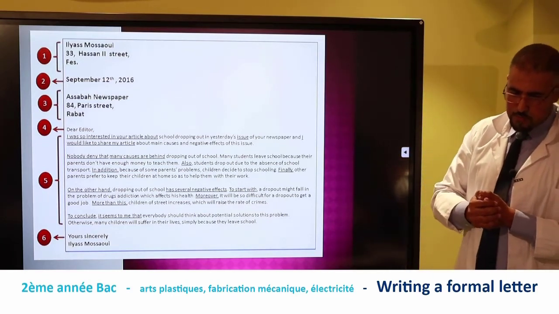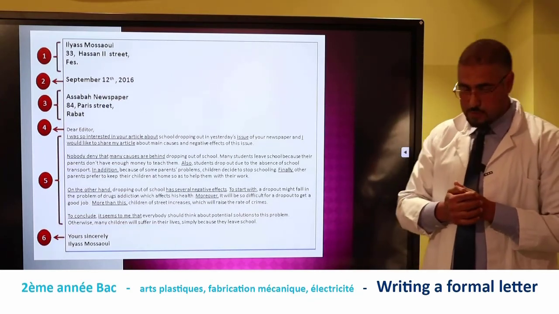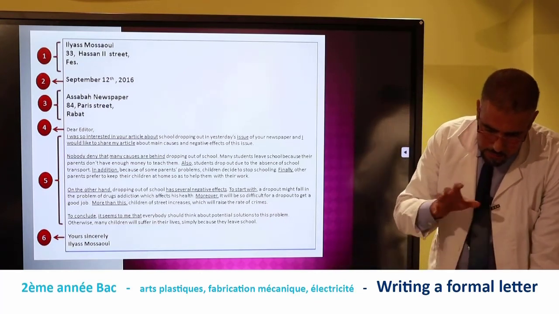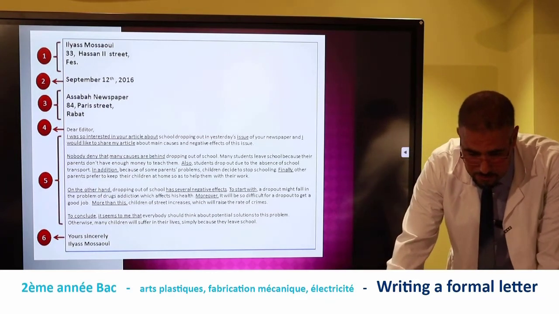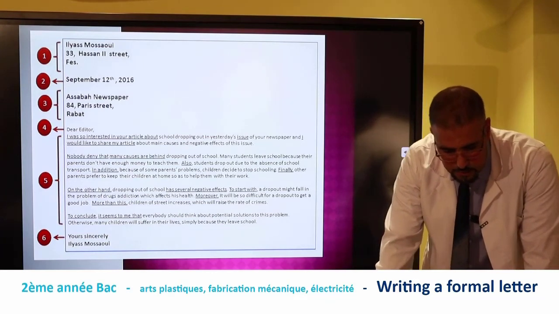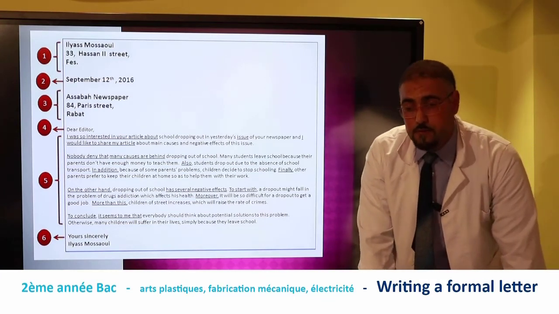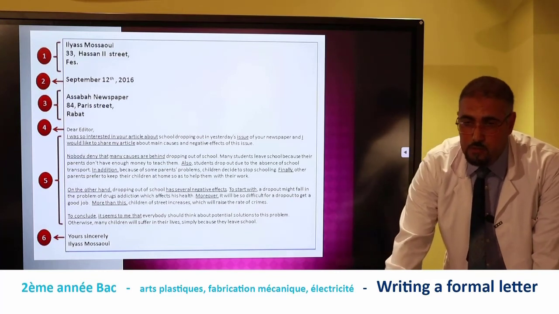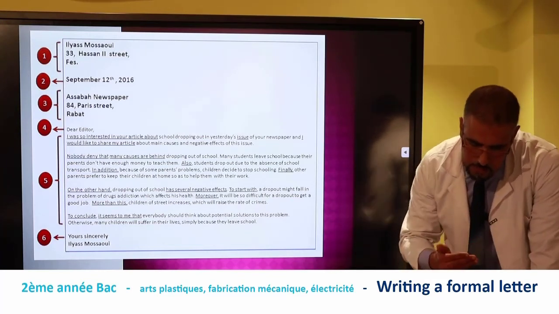So here we have September the 12th, 2016. Then the inside address: we choose here to write to the Sabah newspaper, and you write the address in Rabat. Their editor, look here, we don't have Mr. or Mrs., because maybe we don't know the name, so we write their editor.